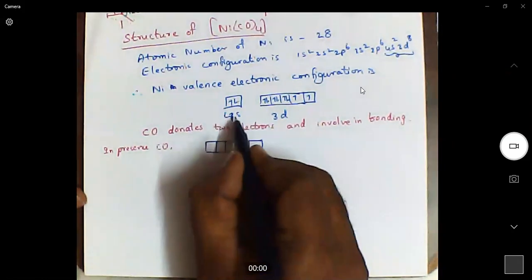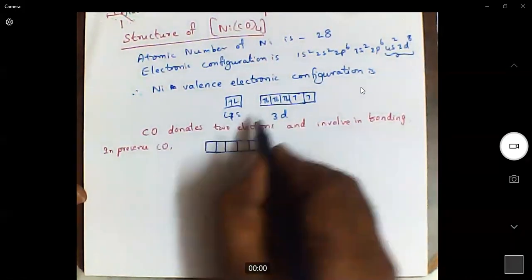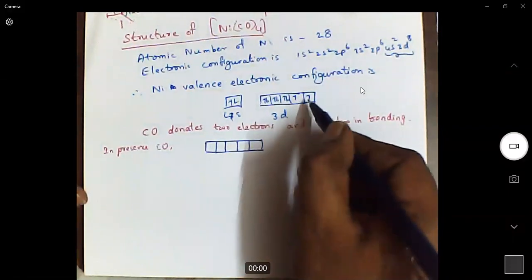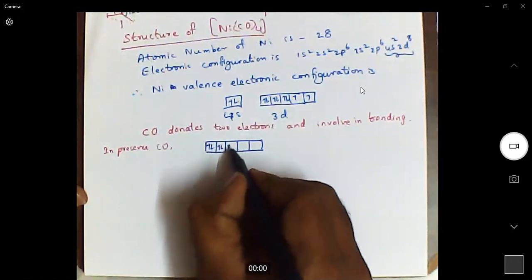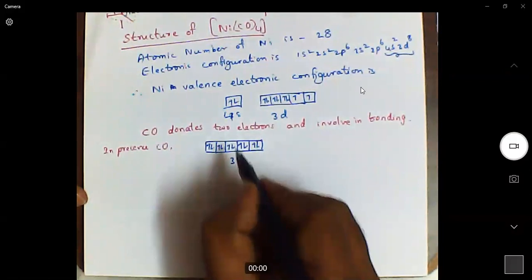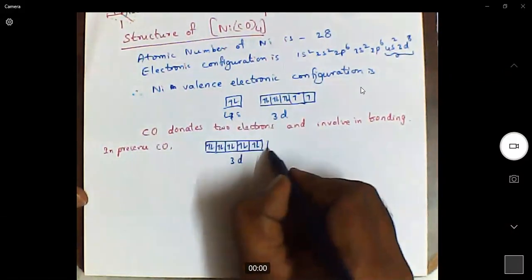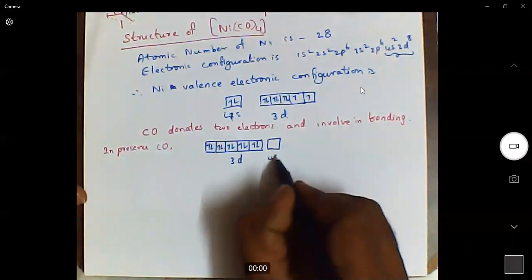It forces these 2 electrons in the 4s orbital to go and occupy the 3d orbital. So the 3d orbital is already having 8 electrons. When we take 2 electrons from the 4s orbital also, it becomes 3d10. Now the 4s orbital is empty.